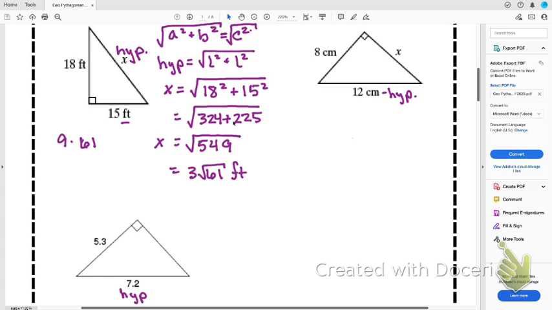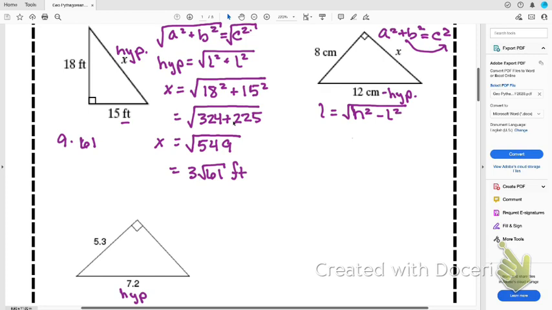Okay, so now we're not looking for a hypotenuse, we're looking for a what? Leg. So if I have a squared plus b squared equals c squared, I'm going to have to subtract one of my legs over, aren't I? So my leg equals the square root of the hypotenuse squared minus the leg squared.